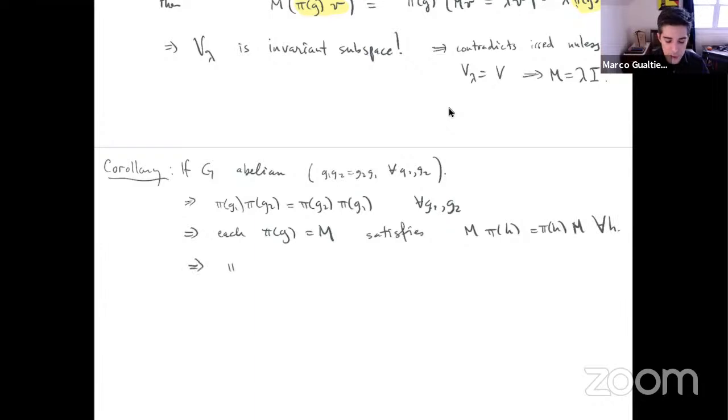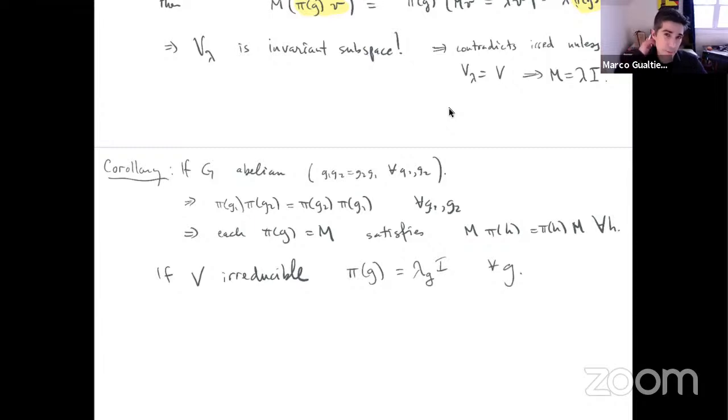So this means that if V is irreducible, then π(g) is equal to some λ_g times the identity for all g.